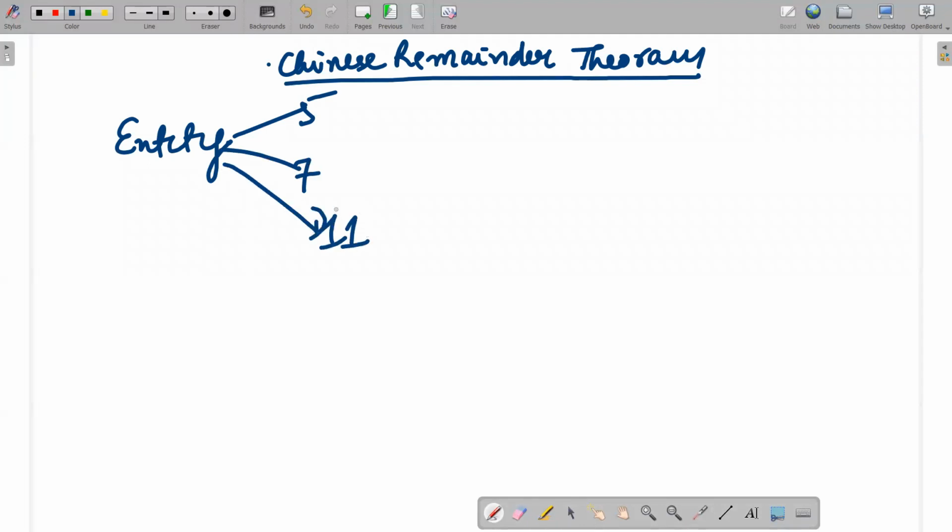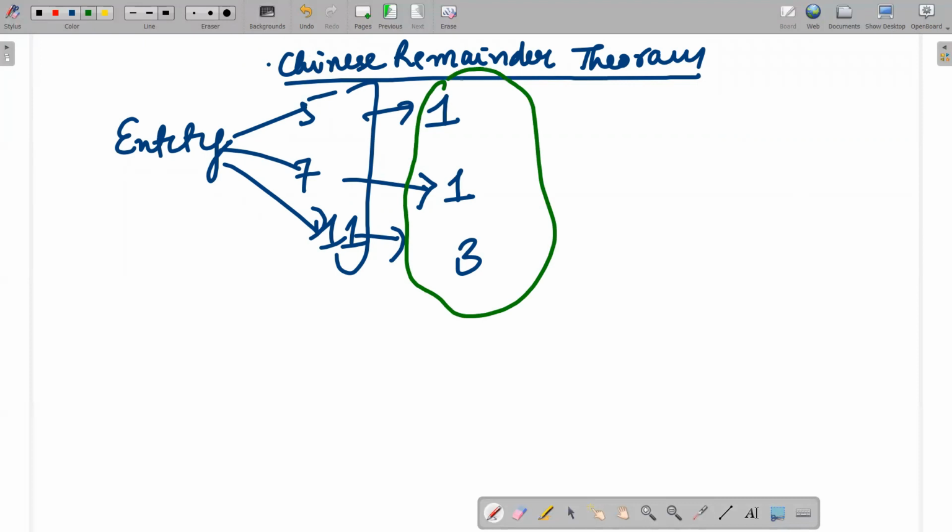When divided by 5, we get the remainder 1. When dividing among 7 members, again the remainder is 1. And when dividing among 11 members, we get the remainder 3. So this is the common remainder that we get after dividing an entity by 5, 7, and 11.